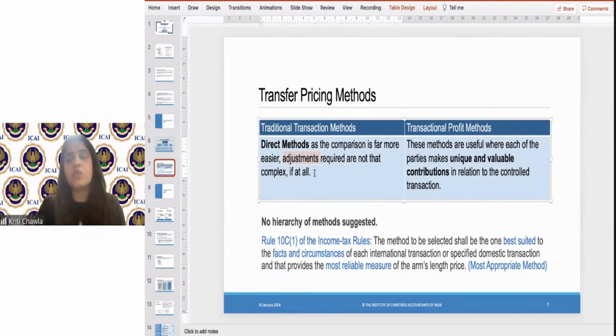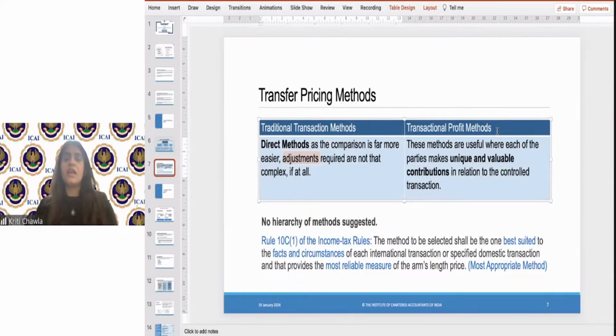Going forward, I'm going to tell you what these adjustments are, and you'll also realize that these are very, very direct methods. And then there are transactional profit methods. Whenever there is something very different, something very unique, something relating to intangibles, something which is very difficult to establish, then we make use of the transactional profit methods, which are the TNMM and the PSM, the profit split method.